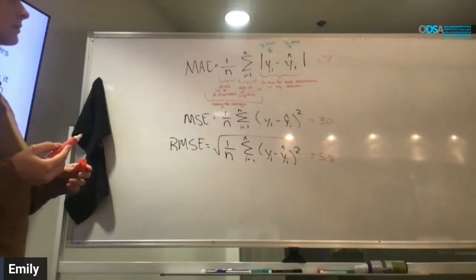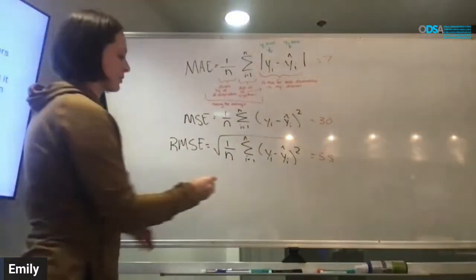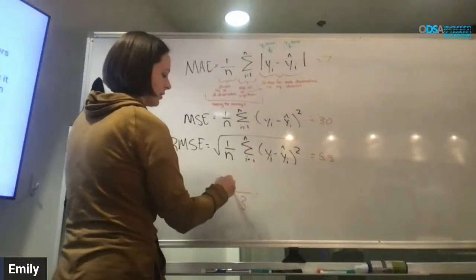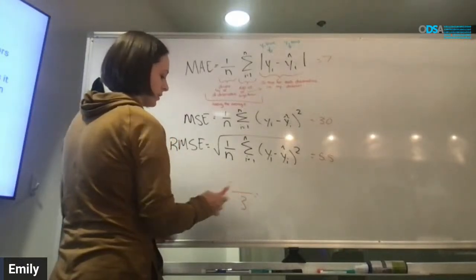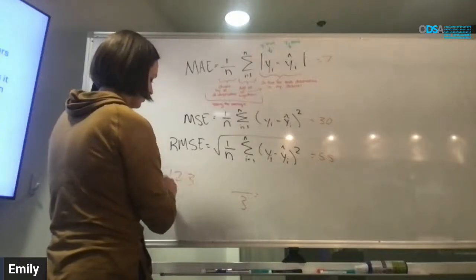Why is the root mean squared error lower than the MAE, and what does that mean? Remind me what the numbers were that we divided by 3. 1, 2, 3, 6, 10, 2. And it was 5, 8, 1.